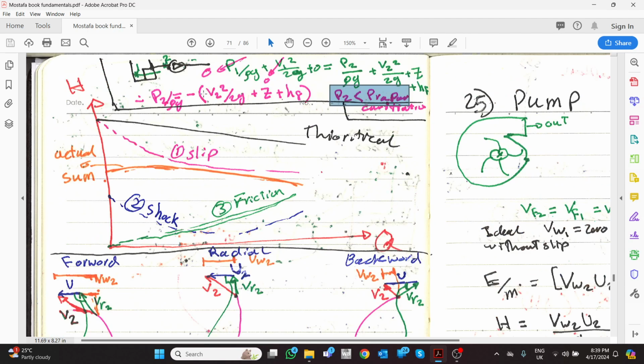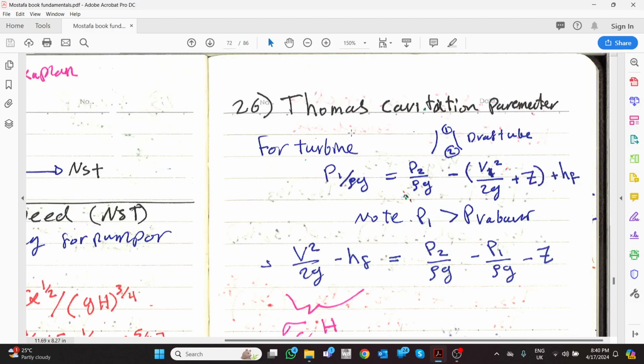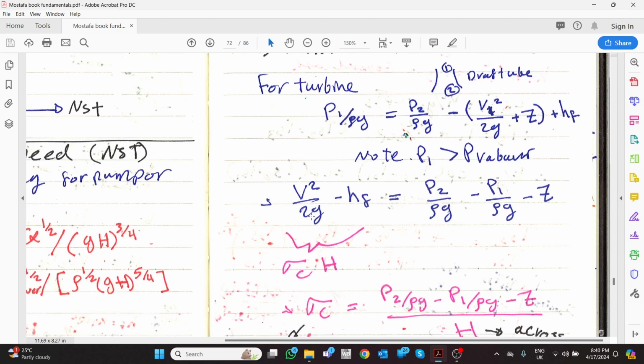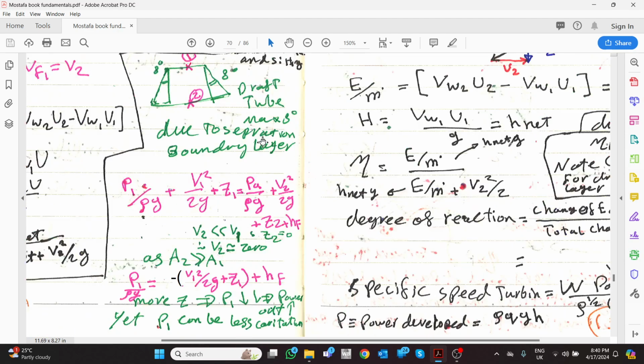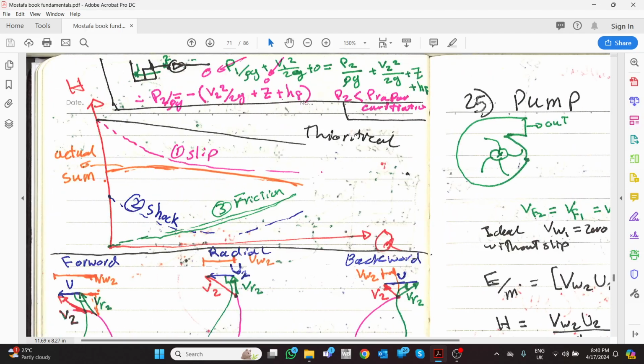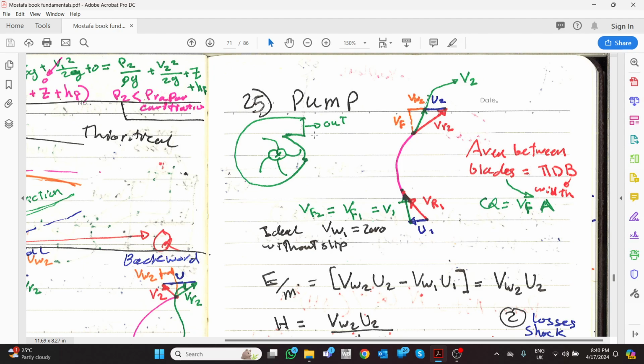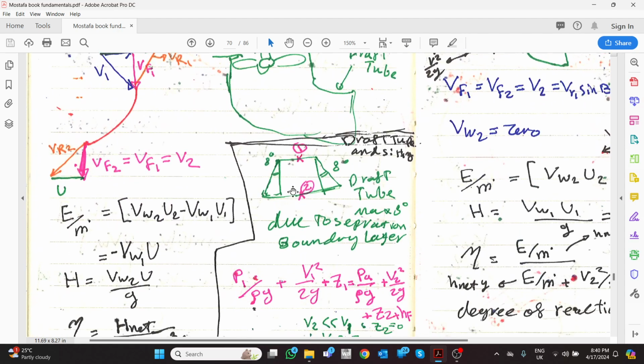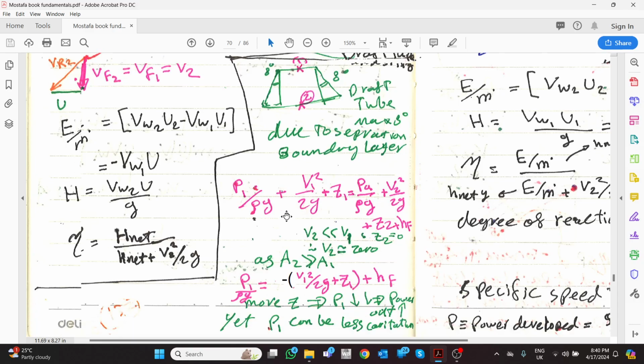Same like what we did here. So he took the kinetic energy, and he took the friction, and he just put them together. Here it is kinetic, of course, because it goes from this point to this point, but if you remember, in the draft tube it is from this point to this point.